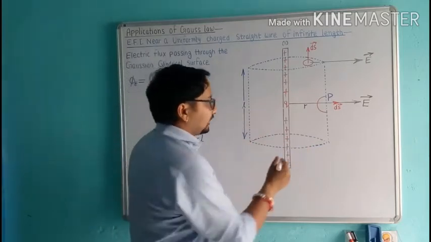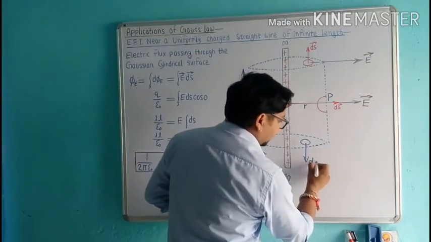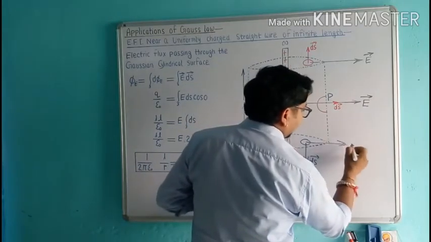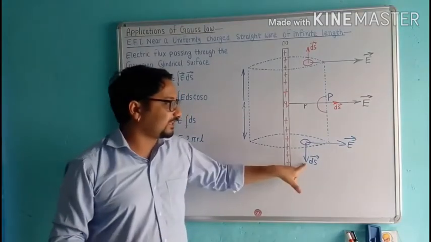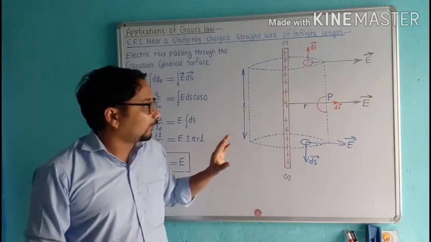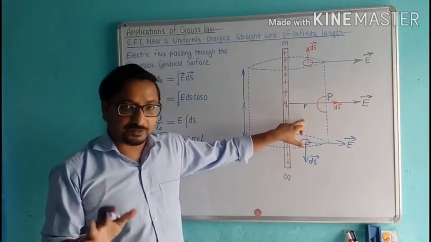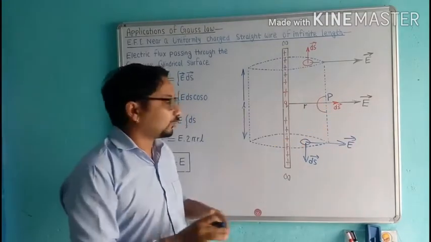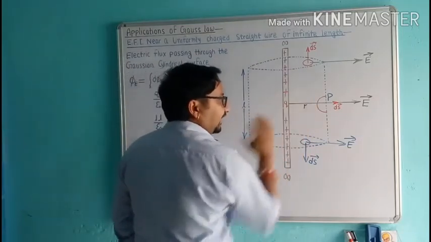The direction of the ds vector is downward, and the direction of the electric field is away from the wire. That means the angle between E and ds is 90, so flux will not pass through this end also. Now that means the total electric flux will pass through its curved surface area.